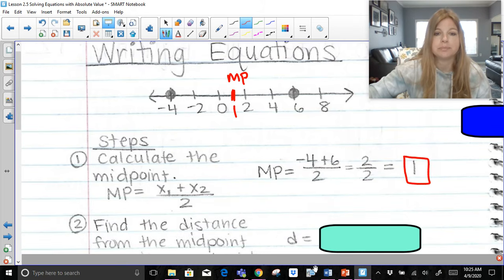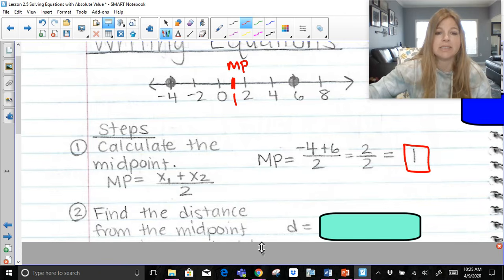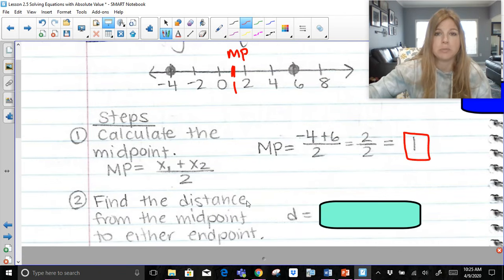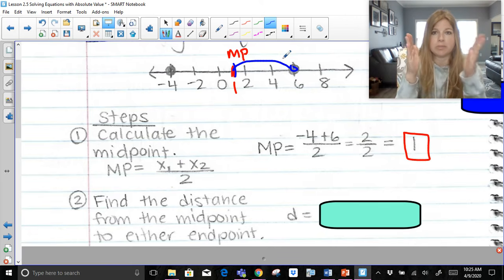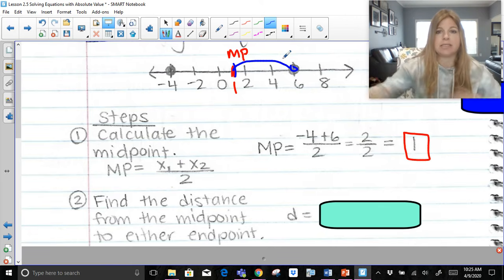Step 2, find the distance from the midpoint to either endpoint. Now, this is saying go from the midpoint to either endpoint. Look, 1 to 6. What's the distance from 1 to 6 on a number line? What's the difference in between them? The distance going from 1 to 6.